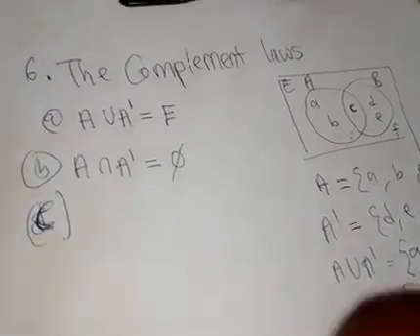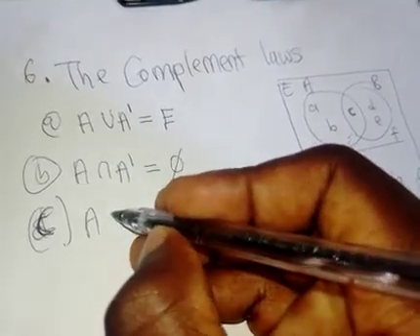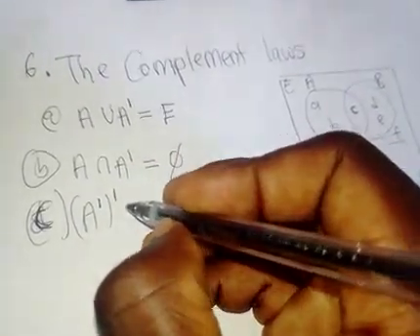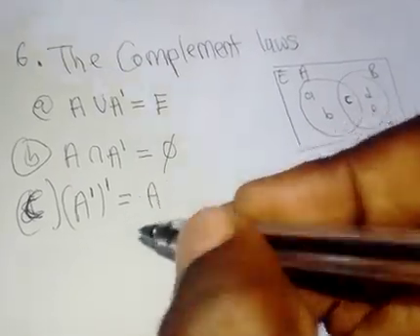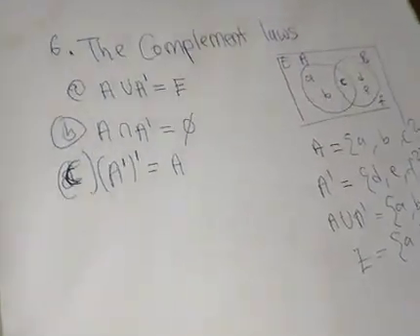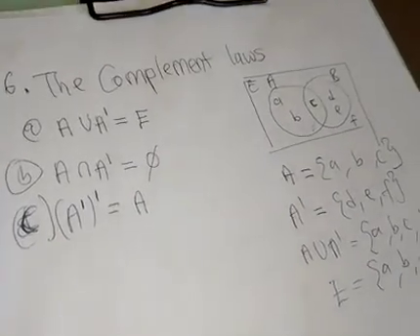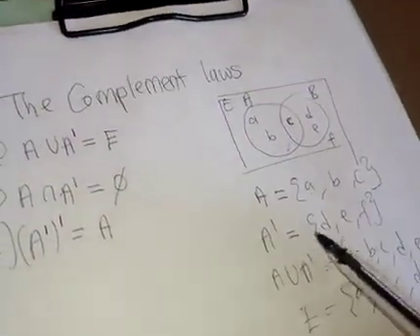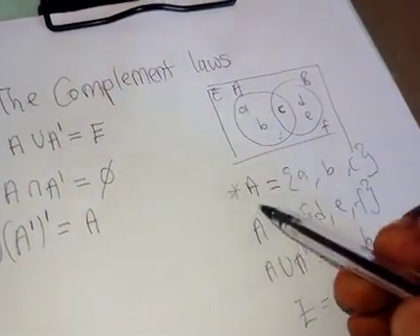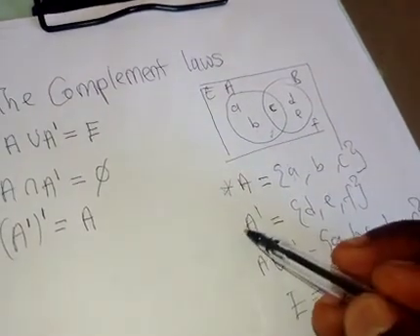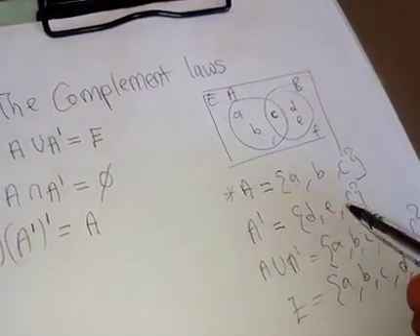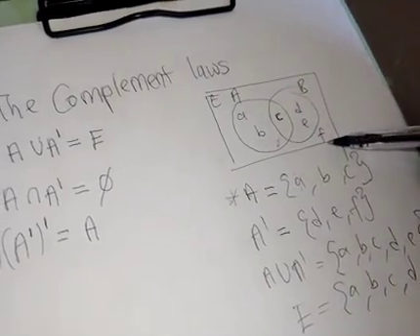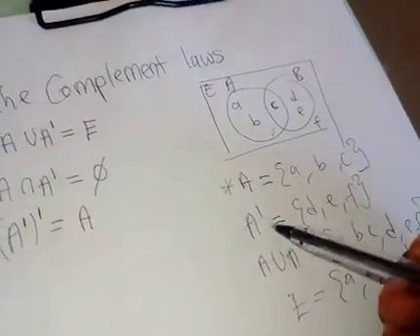Okay. Then what about the complement of a complement? The complement of a complement gets us back to the original set itself. Initially, this is our original set A containing A, B, C. Then our A complement is D, E, F. Now what if we want to find the complement of this A complement?